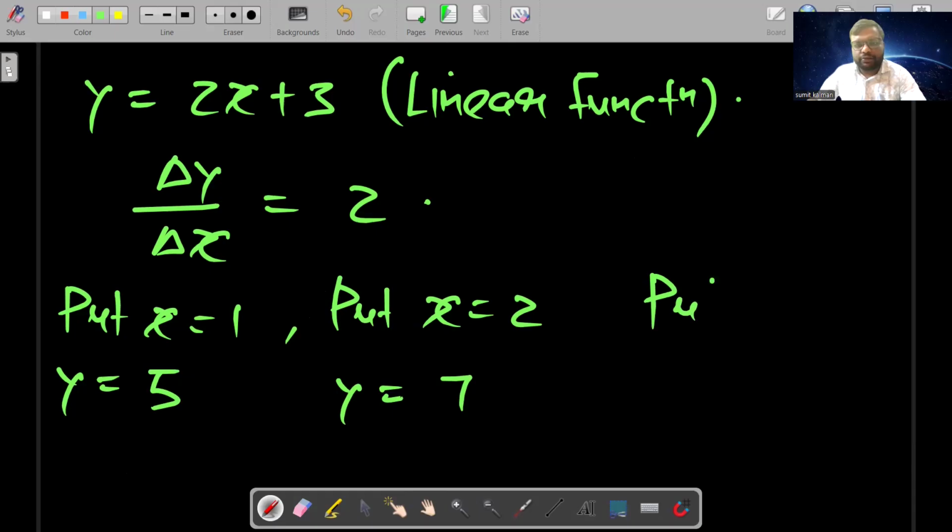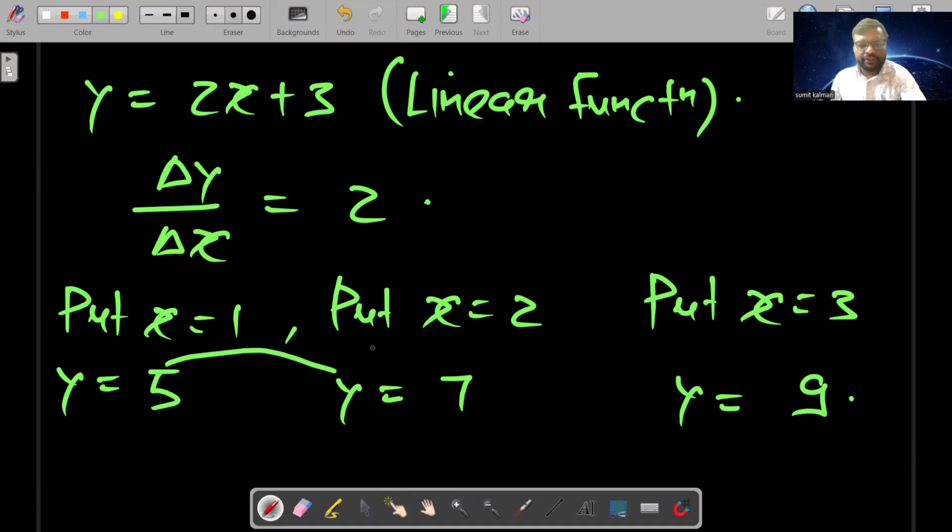Put x is equal to 3. What we will get here? Y is equal to 9. So just see, change 5 to 7, changes 2. 7 to 9, changes again 2. Similarly, if you put x is equal to 4, you will get y is equal to 11. So here change is again 2.